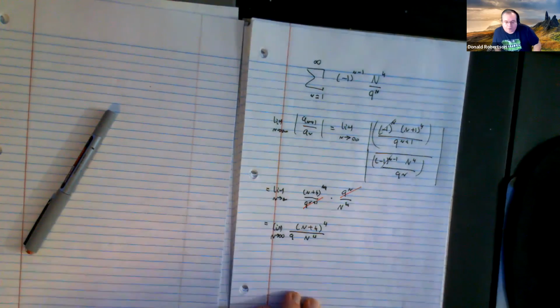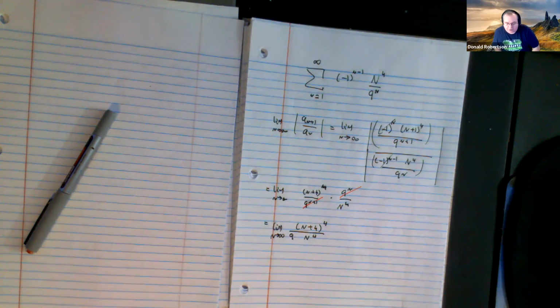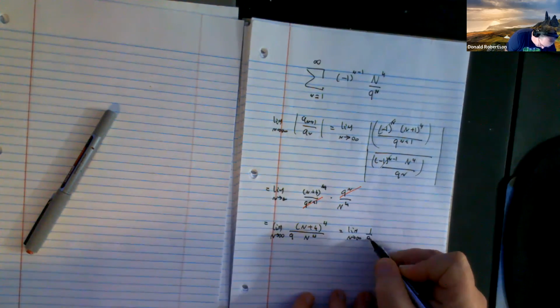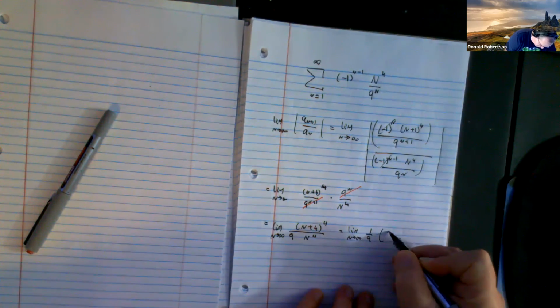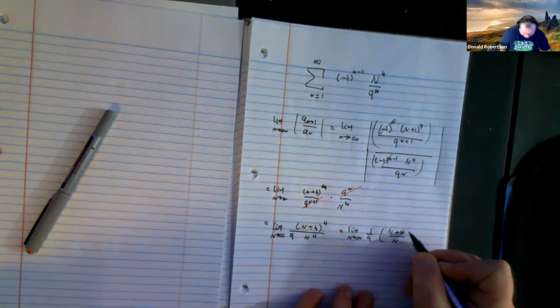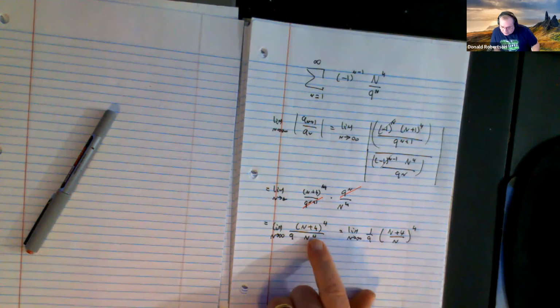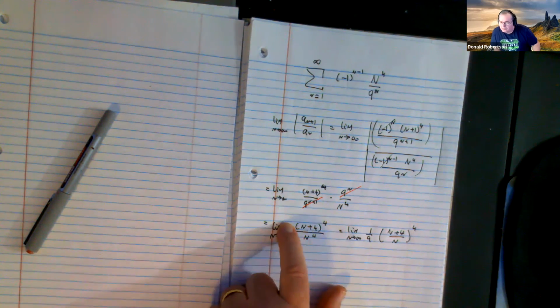And I could FOIL that out, and eventually I would get to something I could deal with. Since they are both powers of 4, I'm going to call this n plus 1 over n, to the power of 4. Just a different way of tackling it. The first way of tackling it is just foiling that out, and I don't want to because that's a lot of work, but I could.